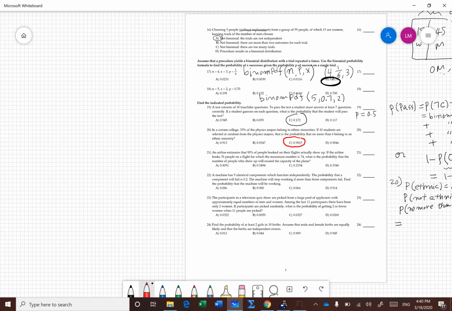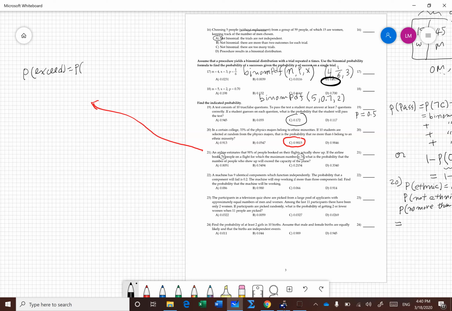So what is the probability that the number of people showing up will exceed? The probability of exceeding is the probability of, now they only have 74 seats, right? They have only 74 seats.